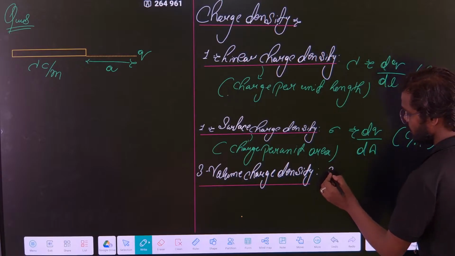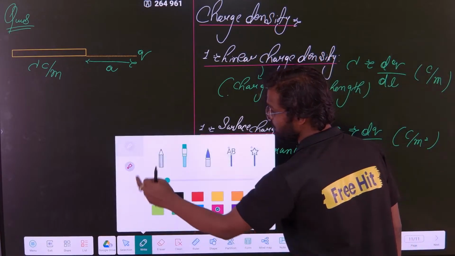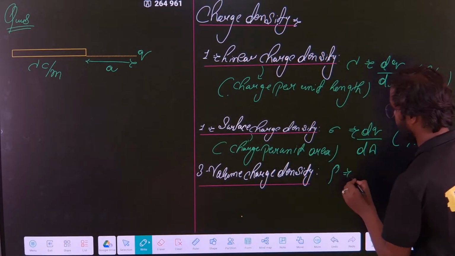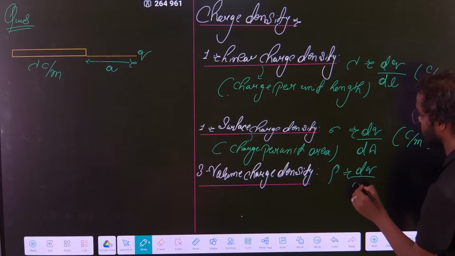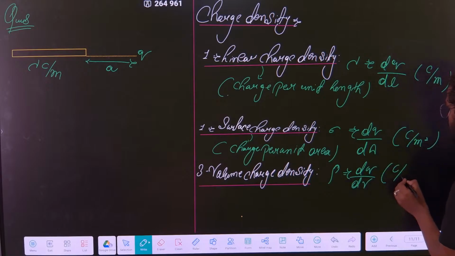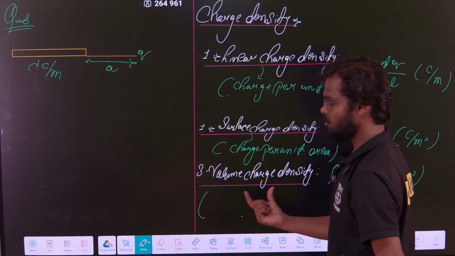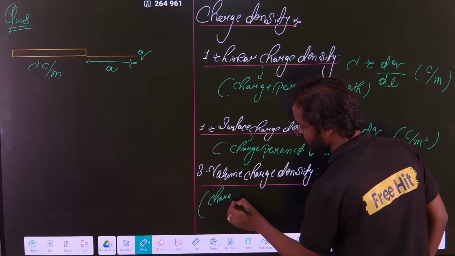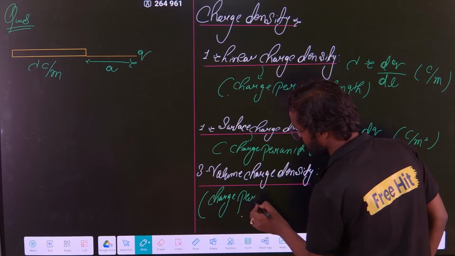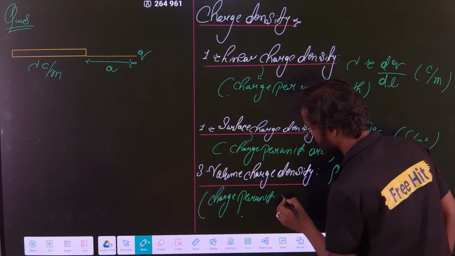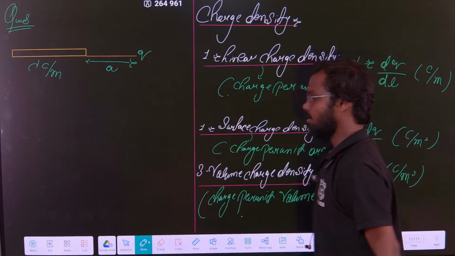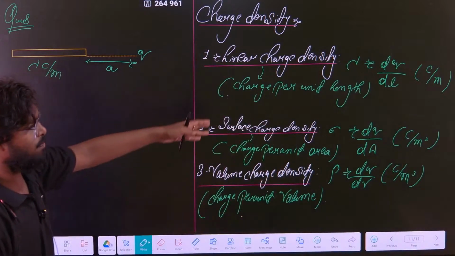That is denoted as rho, which is equal to dq by dV, with unit coulomb per meter cube. That is charge per unit volume. So these are the different types of charge densities.